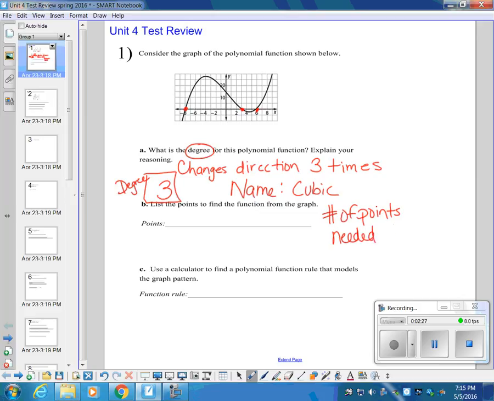We have a degree of 3. So points are 1 more. So you need 4 points. So I've got 1, 2, 3, and I'm going to get the other one where that crosses the y. So I've got 4 points.